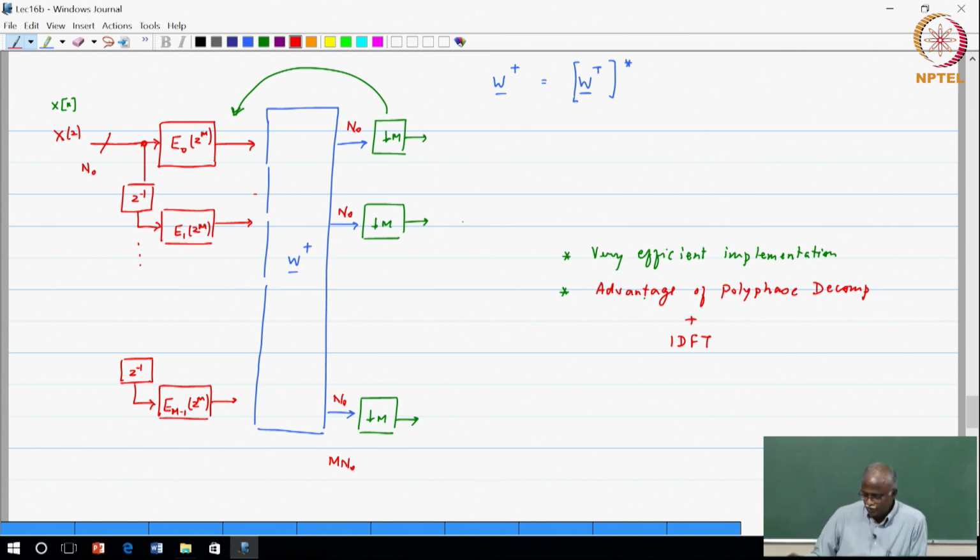So, at the output, if you want the most efficient implementation in terms of storage or processing, do I need to retain this at n naught? The answer turns out to be no, because if this was a band limited filter, I know I can downsample and recover the original signal. So, this one becomes n naught by m, all of these become n naught by m, and the effective sampling rate at the output, if I do the downsampling, actually remains at n naught.